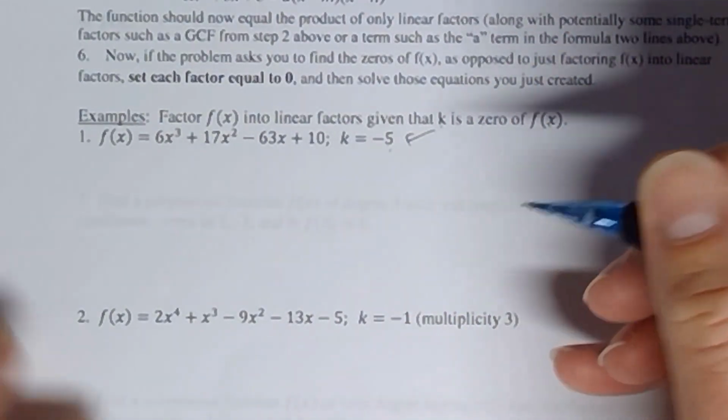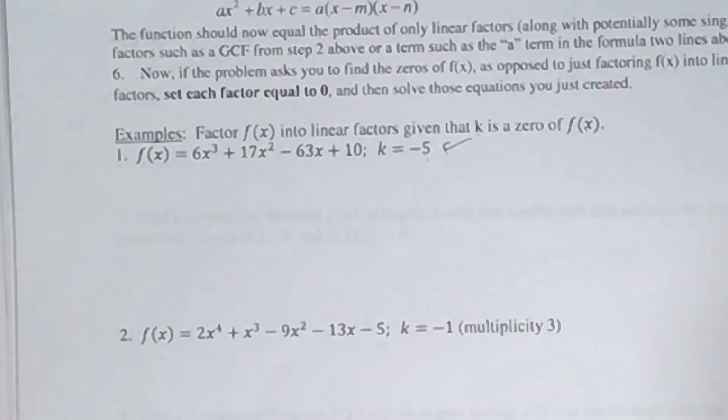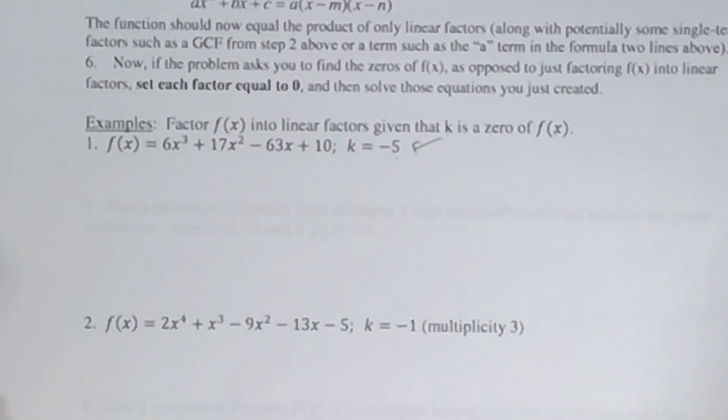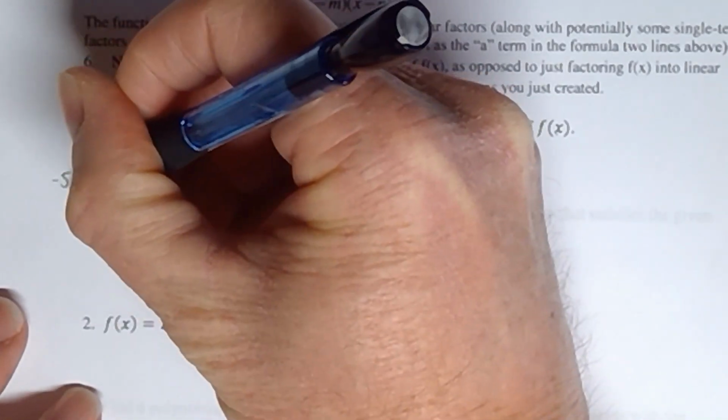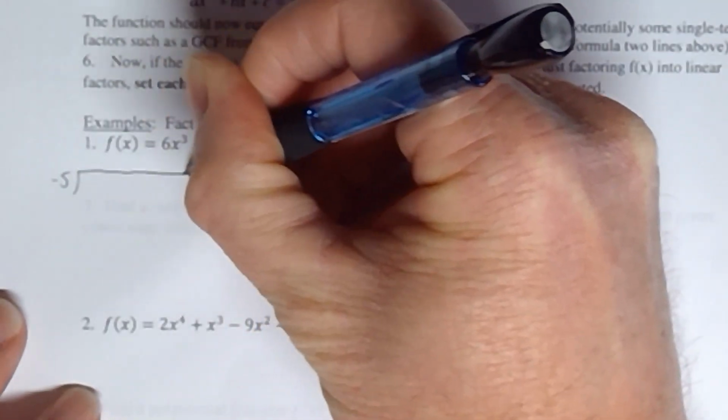And so let's go ahead and take that -5. Remember, when you have the k number, you don't change the sign of that when you bring it into the synthetic division.